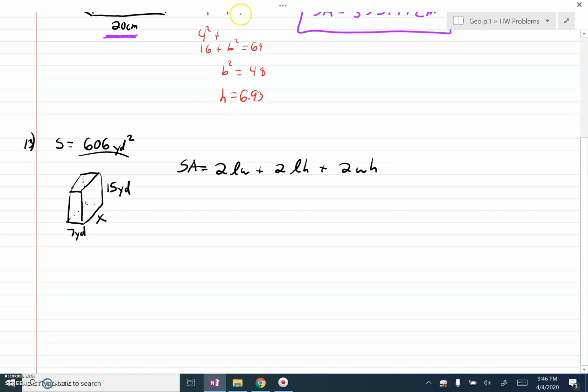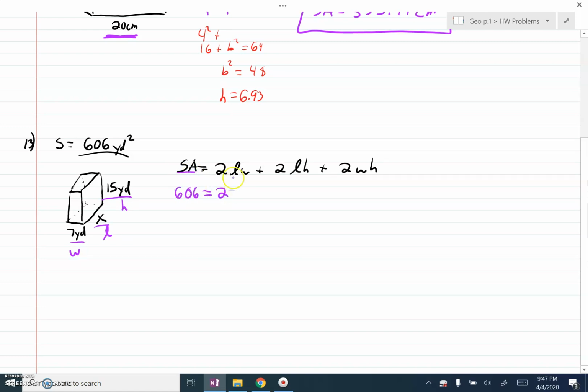I then plug the numbers in, and like I mentioned, it doesn't really matter in a rectangular prism which of these three things is length, width, and height, because you can just turn the rectangle and make it different things. A lot of people probably think of this as width for this particular problem, this might be length, this might be height, but you can change it. It doesn't really matter.